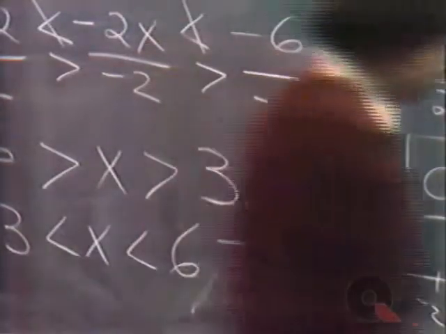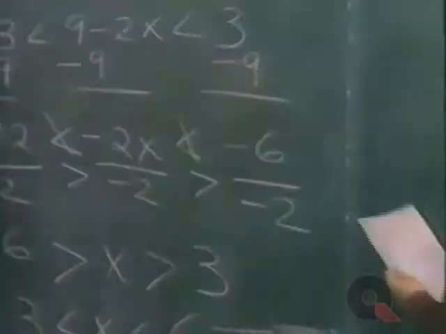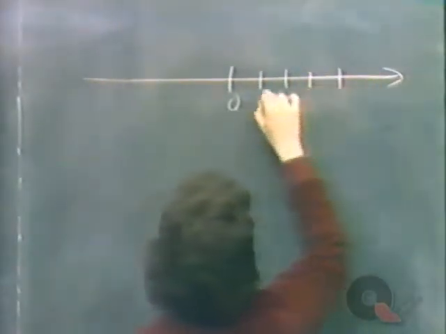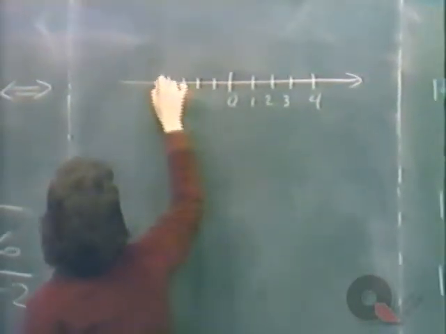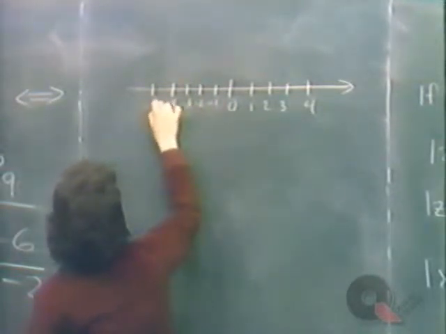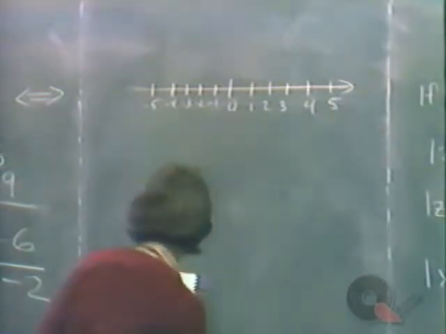Okay, now let's look at absolute value inequalities involving the greater than symbol. Let's look at our number line again. Okay, and let's look at the example.